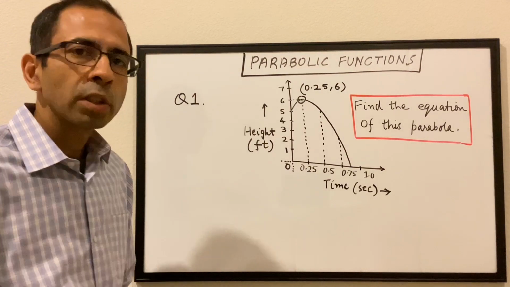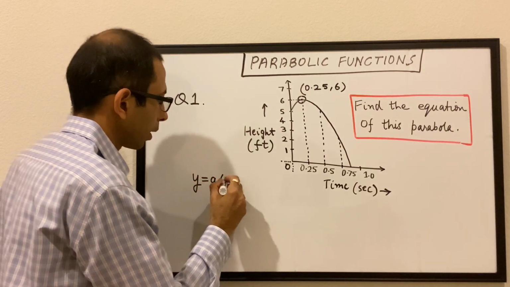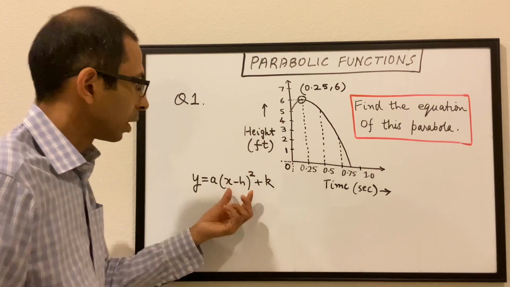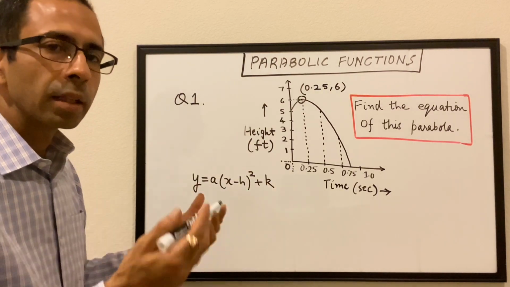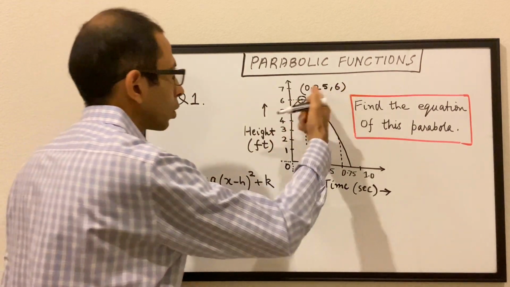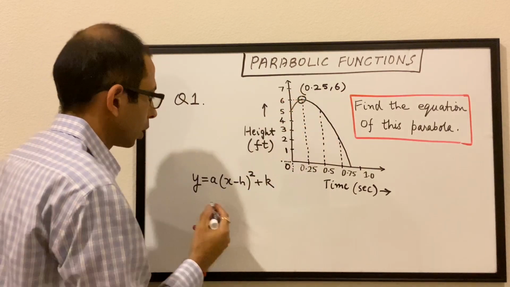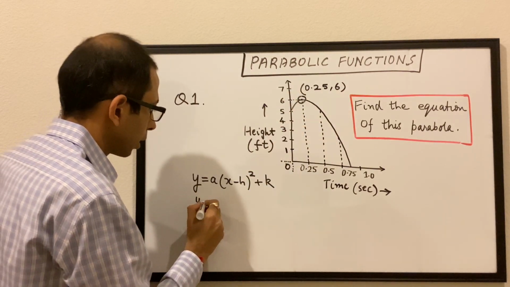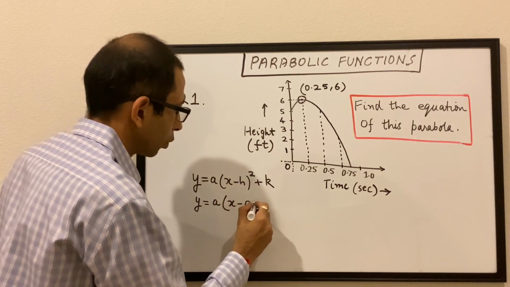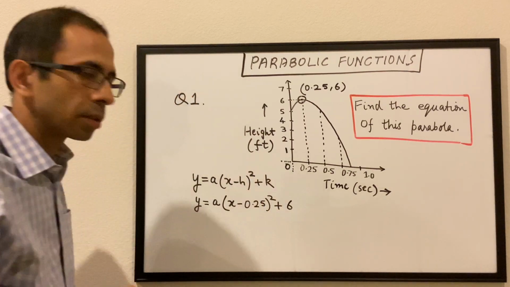We all know that the vertex form of the parabola is y is equal to a times (x minus h) whole square plus k, where h and k are the x and the y coordinates of the vertex. And here we know those coordinates. So h is 0.25 and k is 6. So essentially our parabola will look like this: a times (x minus 0.25) whole square plus 6.